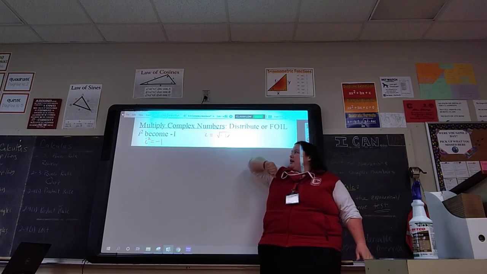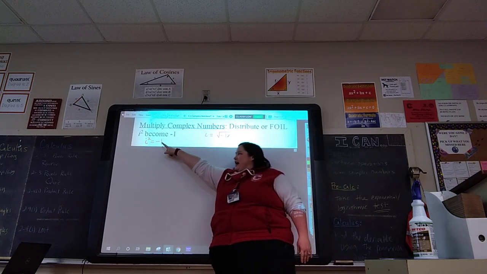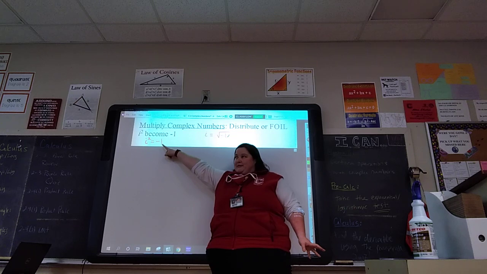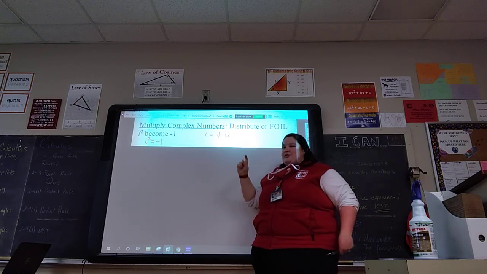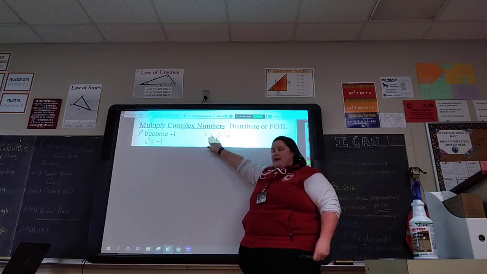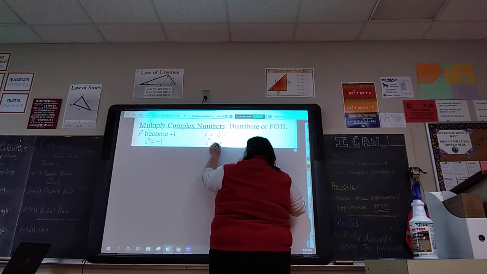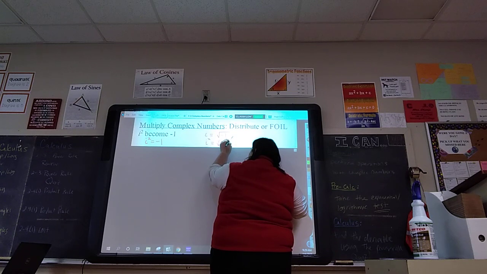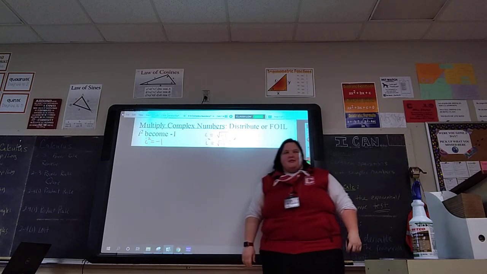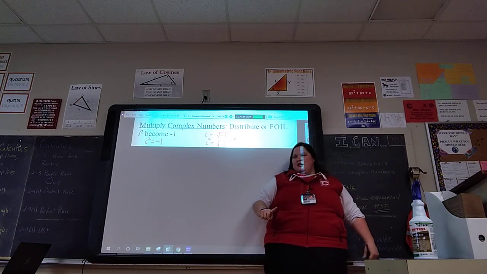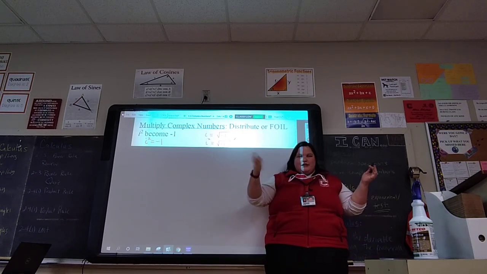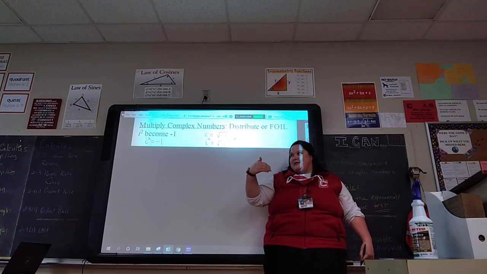Okay? So the reason why this i squared becomes negative 1 is, if you think about squaring the definition of i, so I'm going to square both sides now, I have i squared and the square root of negative 1 squared. What happens if you square a square root? It takes it away, because squares and square roots are opposites of each other.